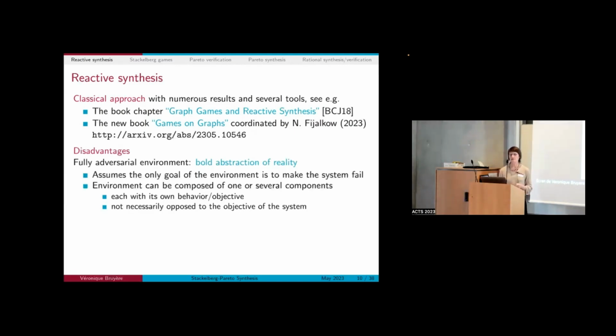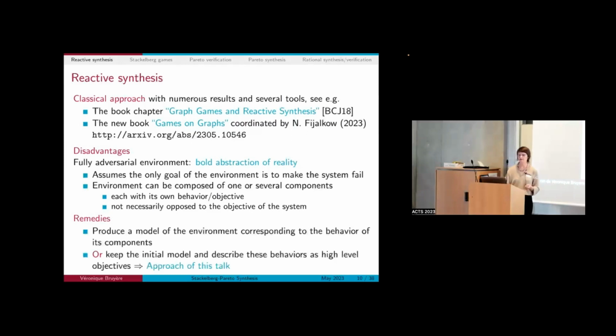Again, there are many results, several tools, and here are two references. And I'm sure that you have seen the new book, Games on Graphs, that appeared recently on arXiv. The problem with this modelization is that we see the environment as completely opposed to the system, and it is a bold abstraction of reality. Indeed, the environment could be composed of several components with their own behavior and objective, maybe not necessarily opposed to the objective of the system. And what are the remedies in this case?